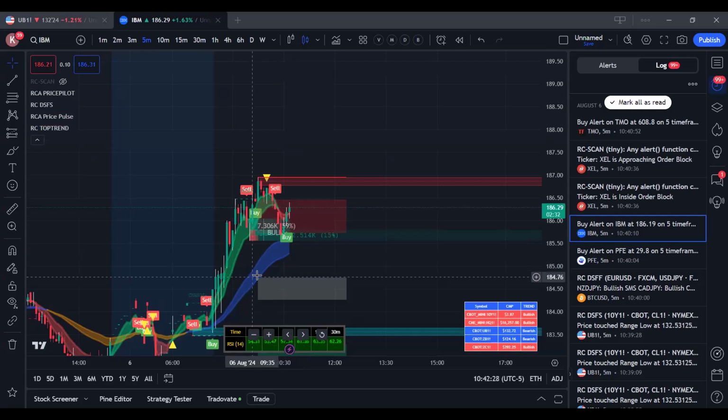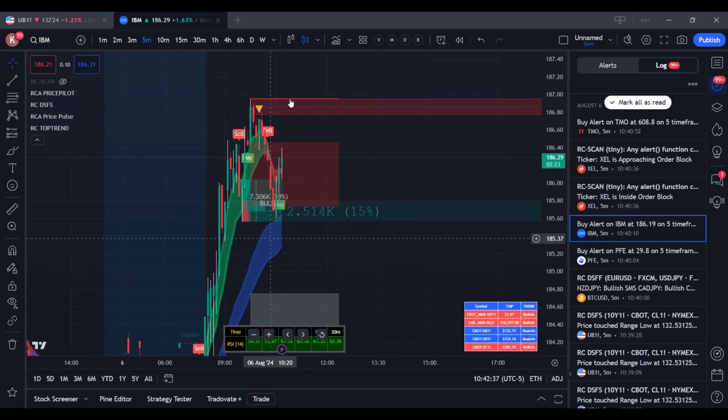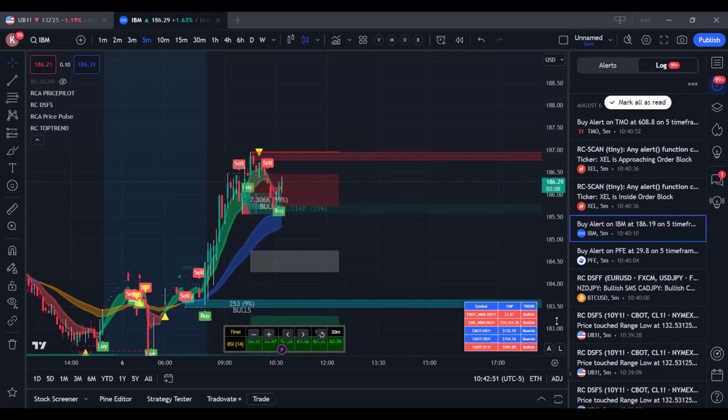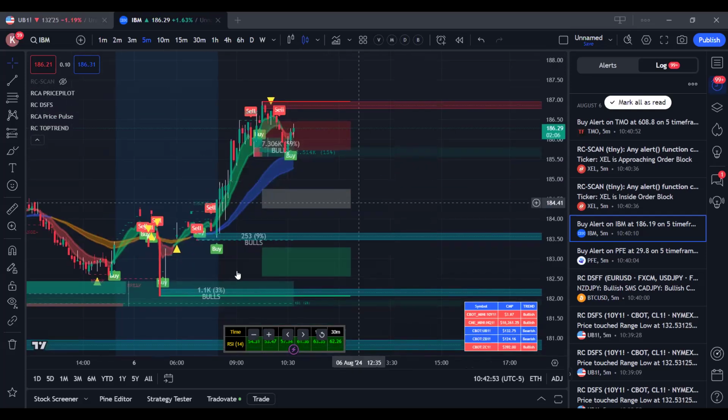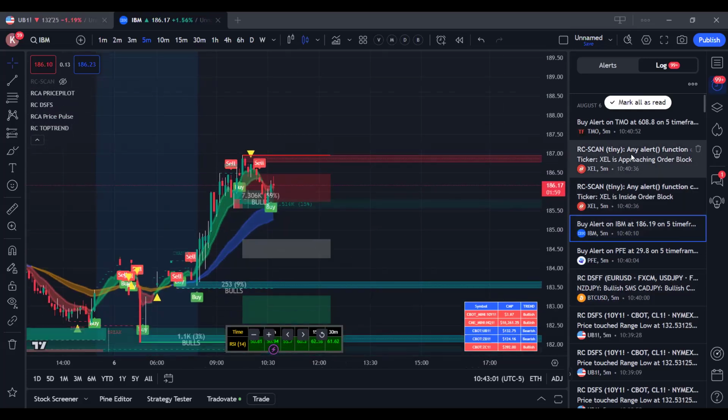This blue cloud is like a buy order block. If price touches that and starts bouncing, generally that is a good opportunity. But because it is very close to the resistance, we may not make much profits if we take IBM. But still, it can go up until 187. To avoid it, we will have some other opportunity.